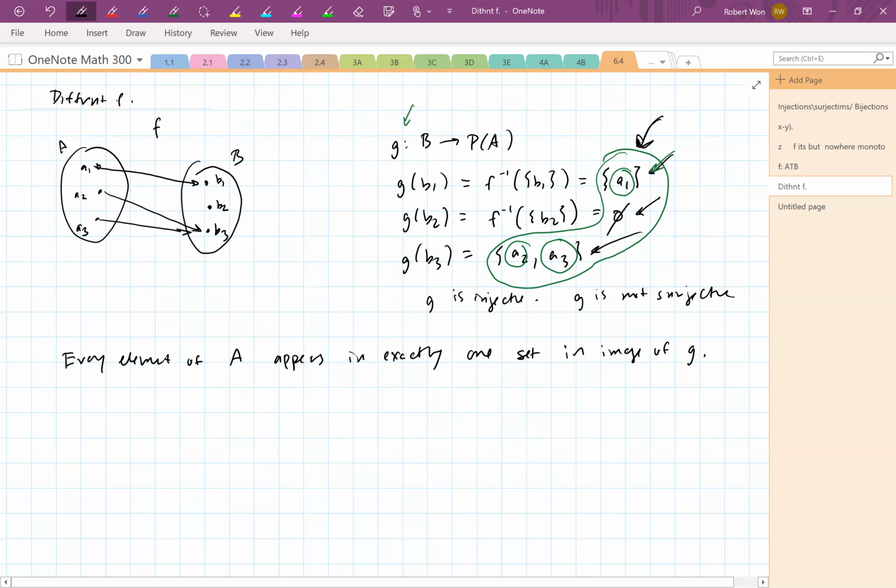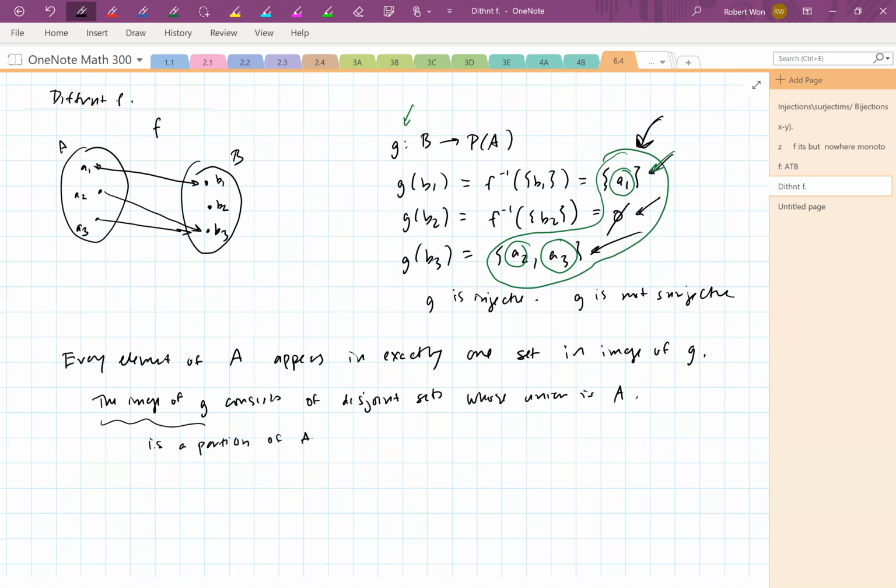They have to intersect trivially because an element in A can only map over to a single thing in B. So the image of G consists of disjoint sets whose union is A. So altogether, what this means is that the image of G is a partition of A. A partition just means that you took A and you broke it up into a bunch of subsets.